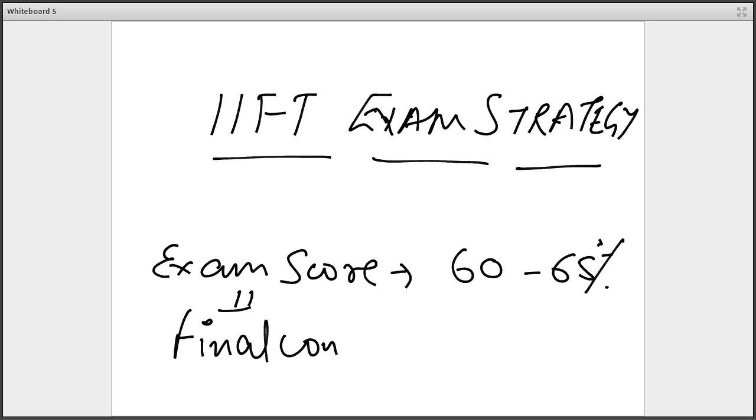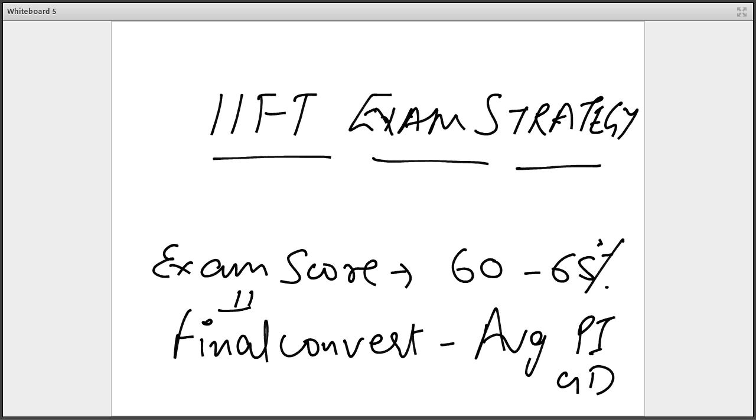So if I have a high score, even with an average PI and GD, I can still convert my score. There are people in the past who, despite a weak academic score, have been able to convert the IIFT call letter because they had a 52 to 55 marks range.